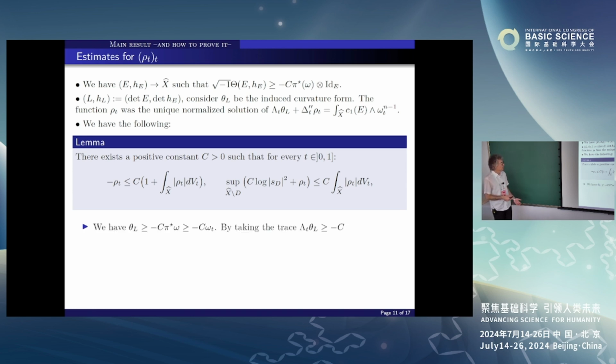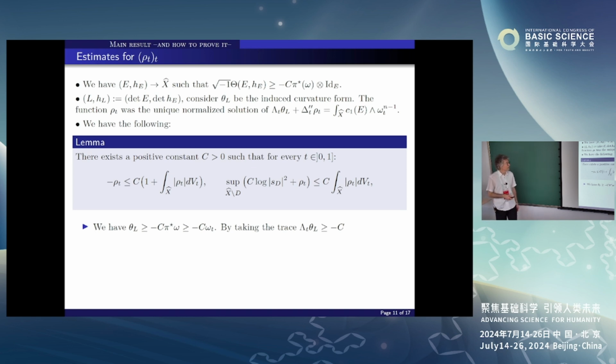Now, just one line about the proof. If we take the determinant here, what we see is that the curvature of E is bounded by some constant times the metric coming from x, and this is greater than some constant times omega t. So omega t degenerates, but still is bigger than the inverse image of omega.